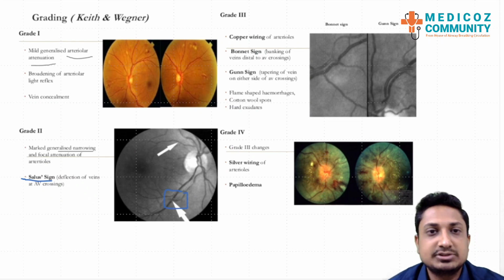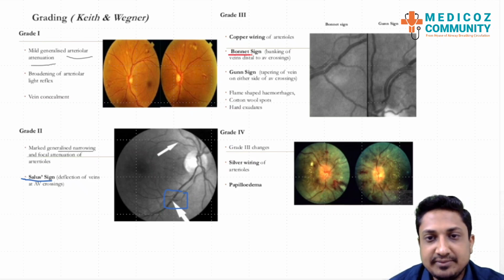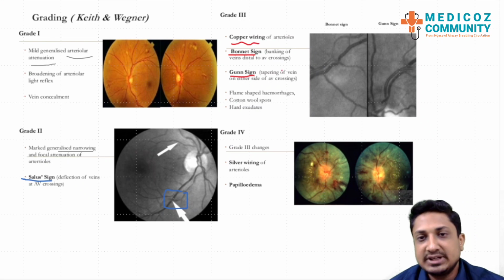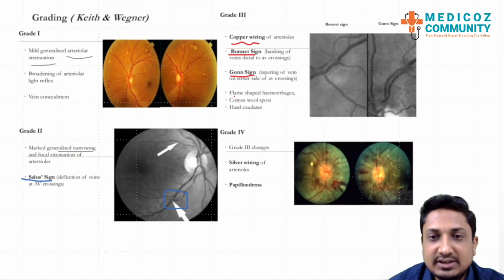In grade 3, there is bonnet sign, Gunn sign and copper wiring of arterioles. What is bonnet sign? It is banking of the veins distal to the crossings. Gunn sign is tapering of veins on either side of crossings. Along with that, you can get flame shaped hemorrhages, cotton wool spots and hard exudates.